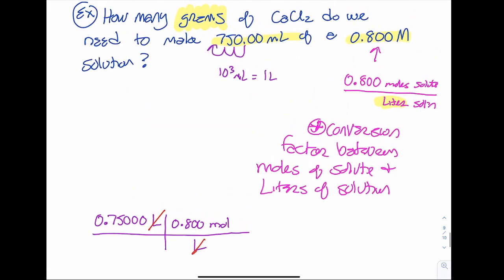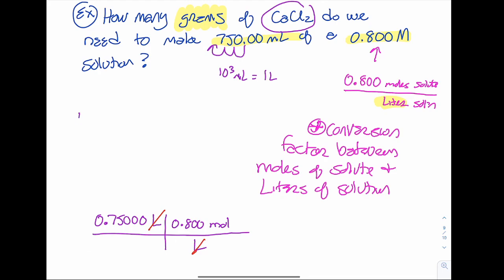So going back up, it's calcium chloride. So grabbing my periodic table, I want 1 calcium and 2 chlorine. So 40.08. Again, you can round to 2 digits after the decimal point, but don't do less than that. And then 2 chlorines.